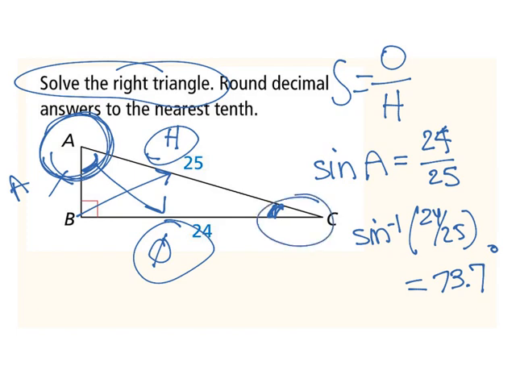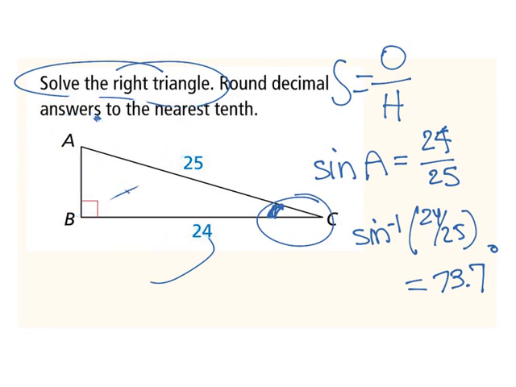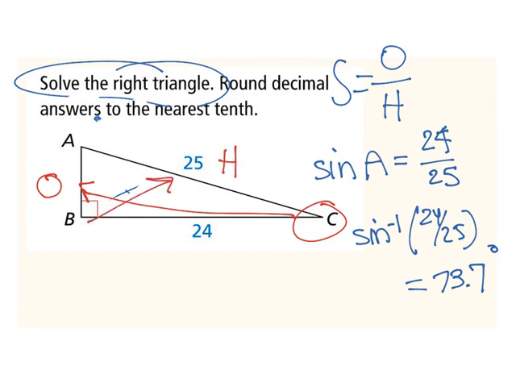So that means C had better be 16.3. Don't just say it's 16.3. Do the math and figure it out. Okay. So erase my triangle here. So now, trying to find C, we've got, well, we don't know the opposite. The hypotenuse is still 25, and now we've got the adjacent is 24, so we've got adjacent over hypotenuse, which happens to be cosine.